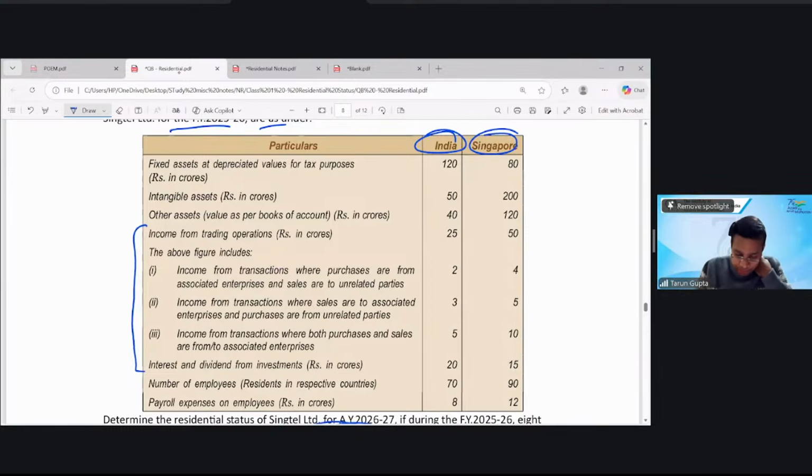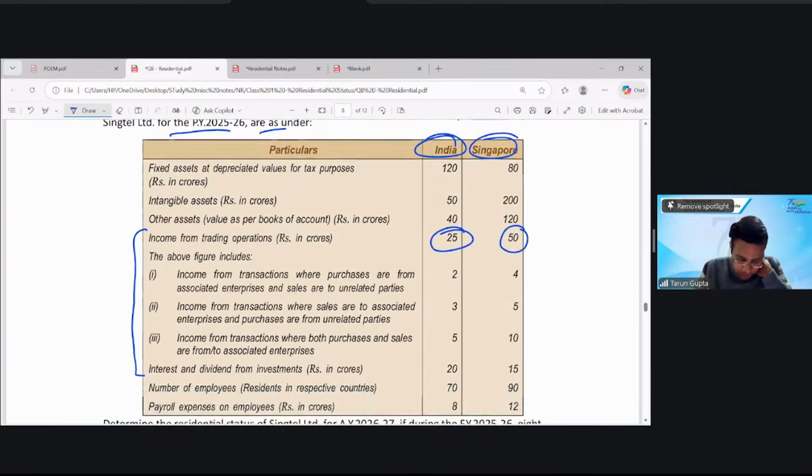Income from trading operation 25 and 50, in crores. The above figure includes income from transactions where purchases are from associated enterprise and sales are to unrelated. So it's not a passive income. Income from transactions where sales are to associated enterprise and purchases are from unrelated. Again, not a passive income.